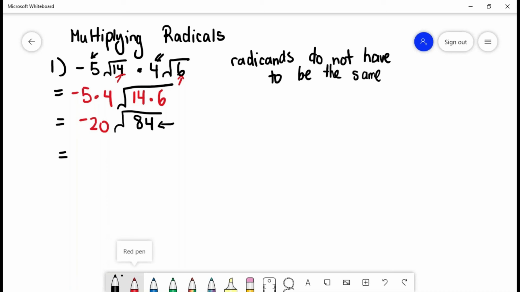And now we have -20 root, and now prime factoring 84, the prime factorization of 84 is 2 squared times 3 times 7. And now, as you can see, the root index is 2 because there is no visible root index written here.